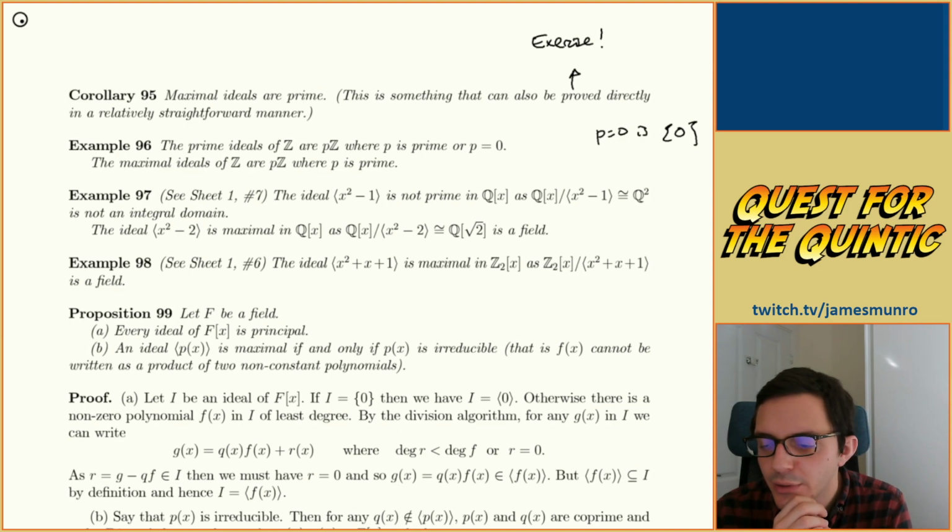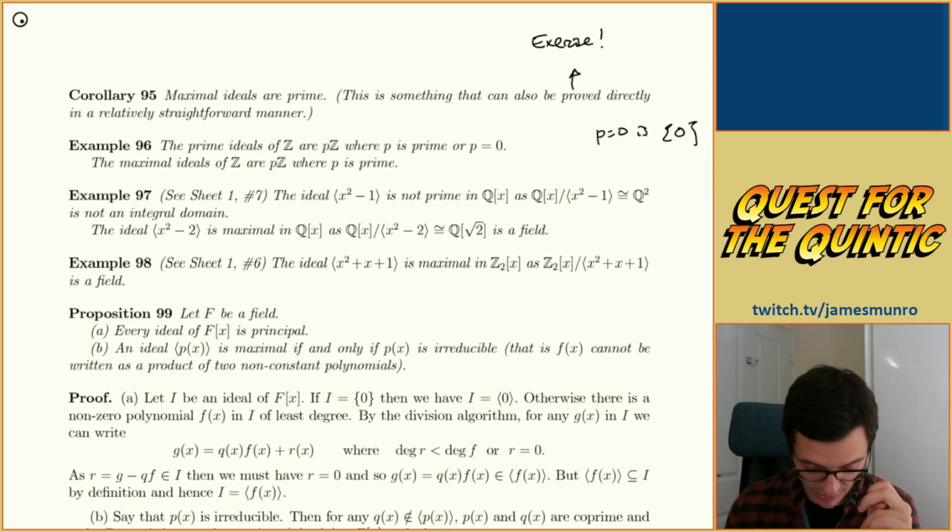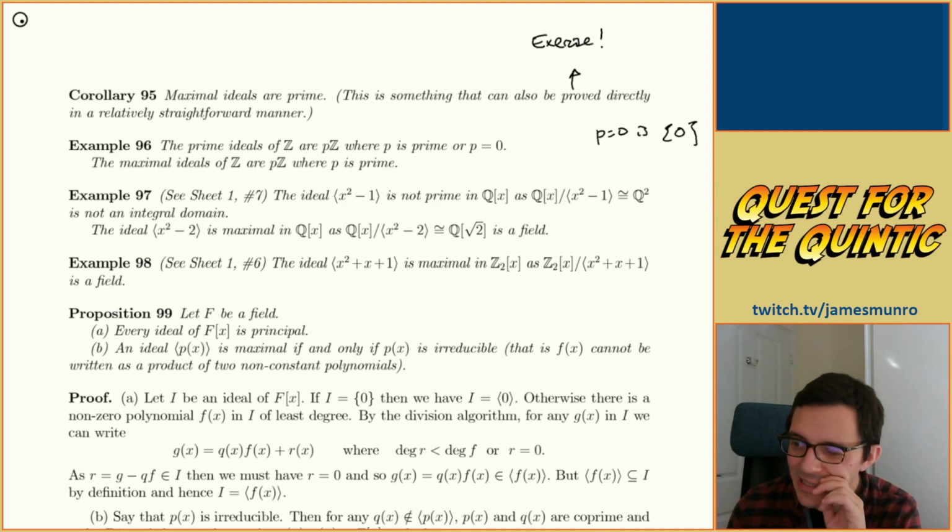Yeah, here we go. Ooh, and here's a weird proof. So, example 97, see the problem sheet, which we haven't looked at yet. The ideal is not prime in Q[x], as when you quotient, you get Q squared, you can kind of see that.